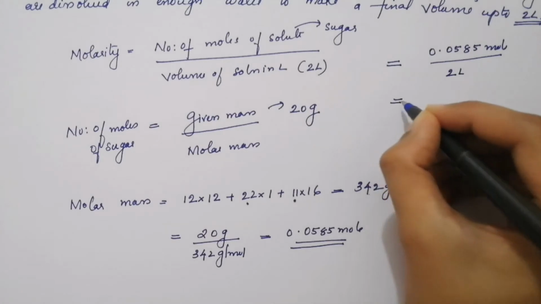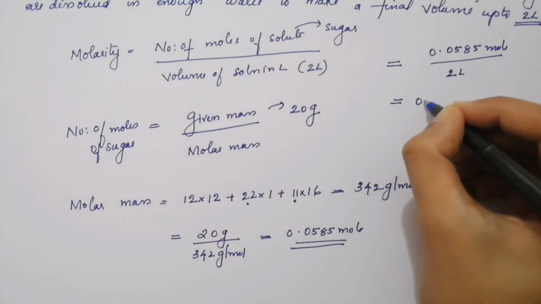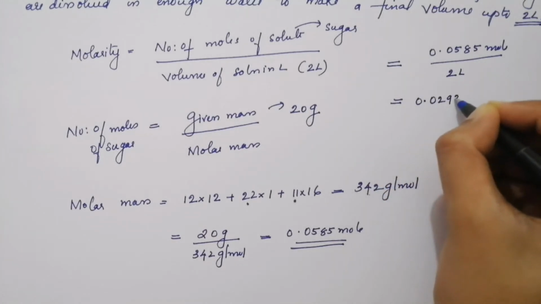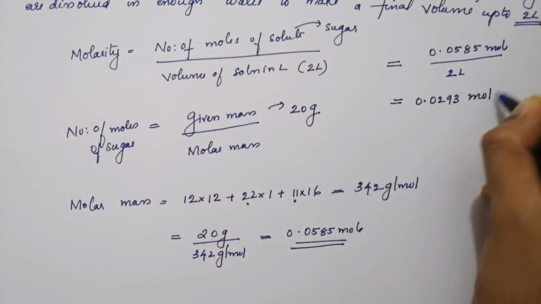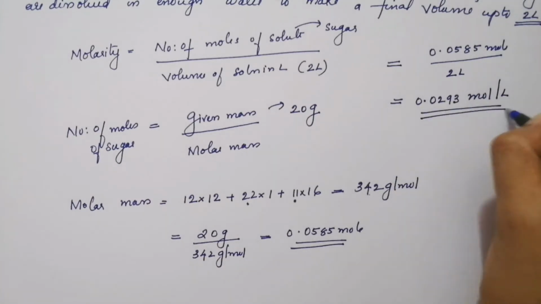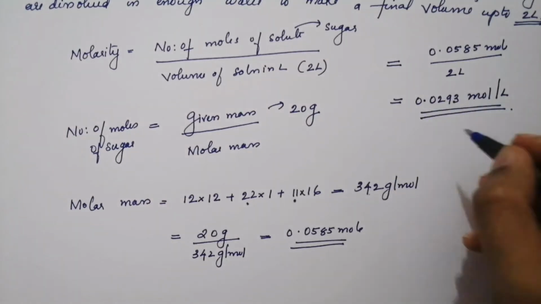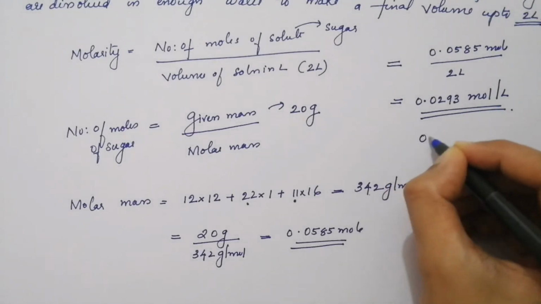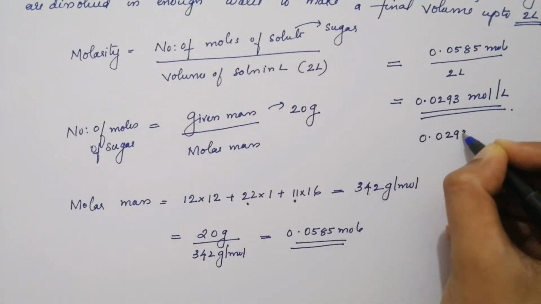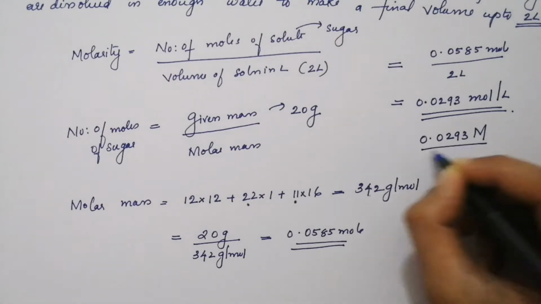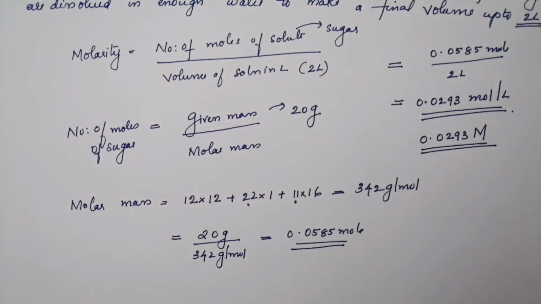And this is giving us an answer of 0.0293 moles per liter. That is the final answer. This can also be written as 0.0293 molar. Moles per liter is similar to molar.